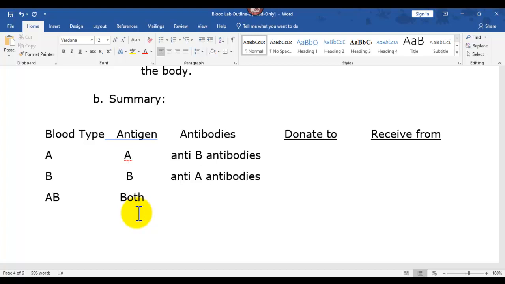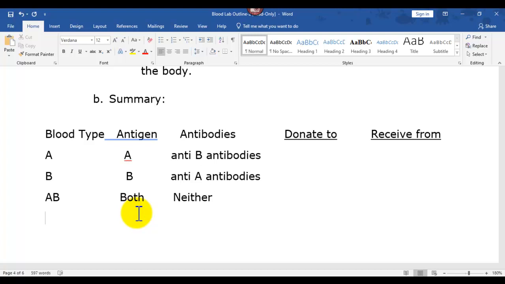So if you're type AB blood, that means that in the genetic lottery from your mom and your dad, one gave you an A antigen and the other one gave you a B. Now here's the interesting part. If you have both antigens, I'm going to put neither or none, that person does not develop any antibodies. And that's why type AB blood is referred to as the universal recipients. They can receive blood from anyone because they don't have any antibodies.